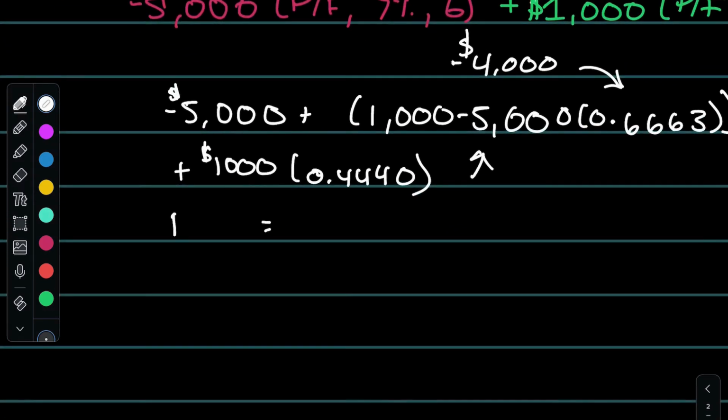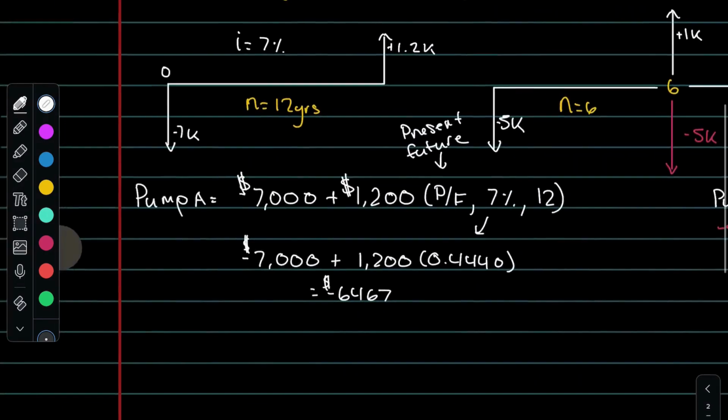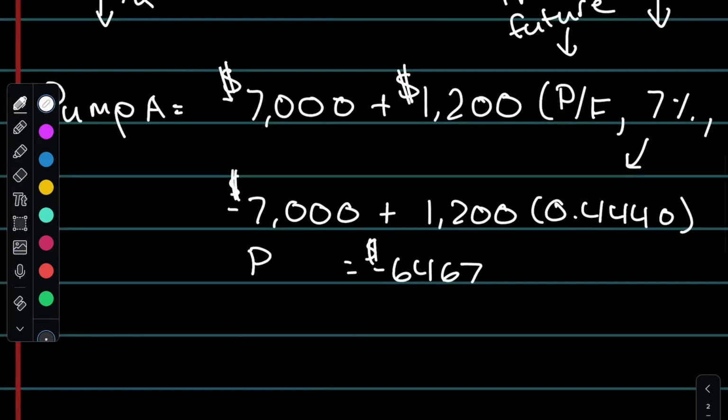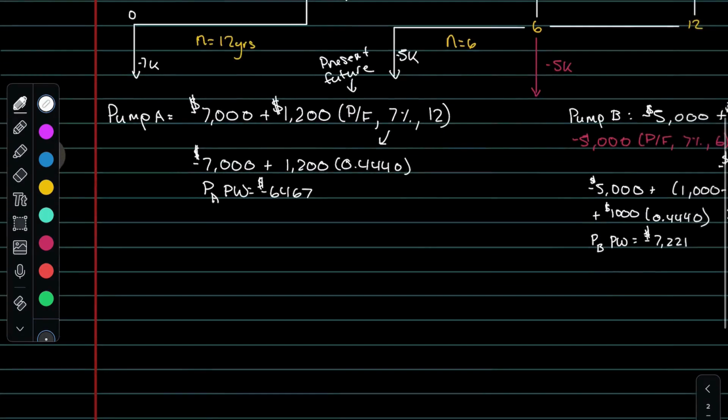And then for this one, we're going to get that pump B present worth. Pump B present worth is equal to negative $7,221. Okay. And this one right here is going to be the pump A present worth.